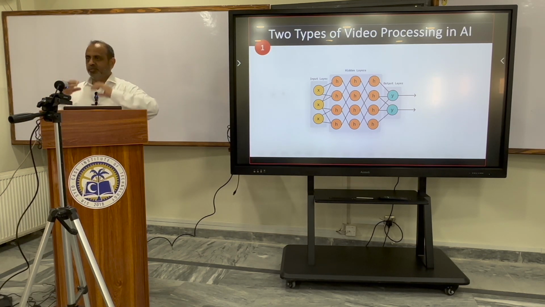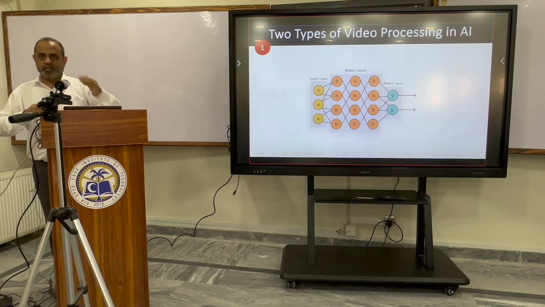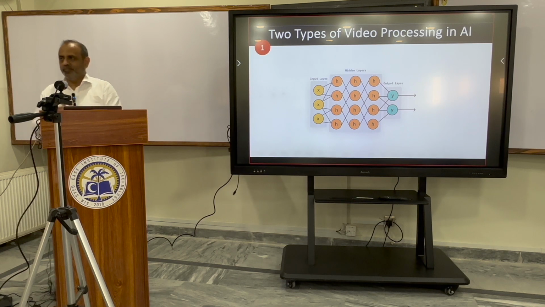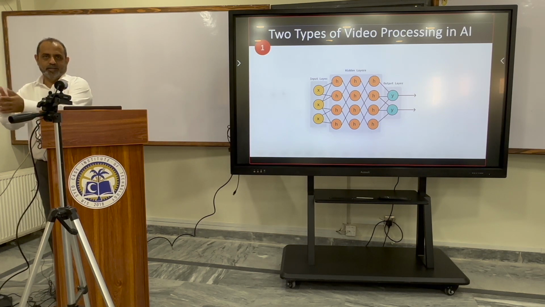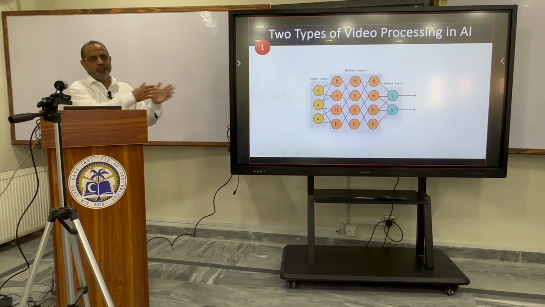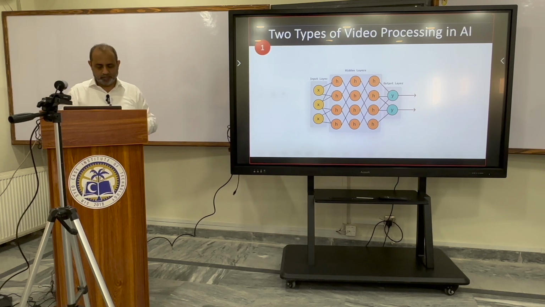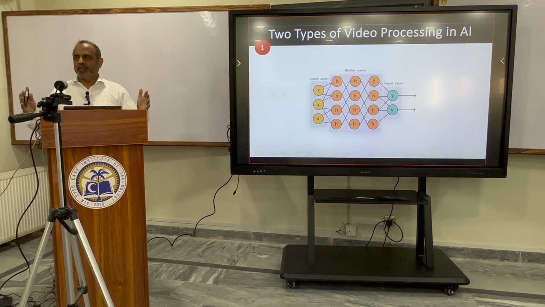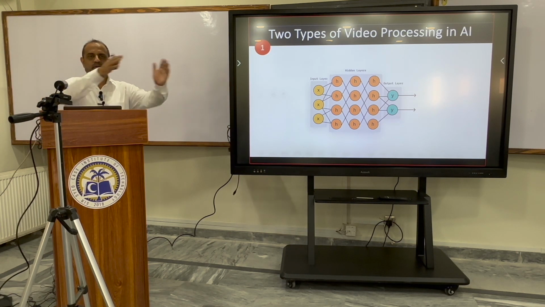The very first thing you have to do once you're doing video analytics is convert a video stream into frames, every frame into 3 RGB matrices, and those are fed to your model. Usually there are two types of video processing. One is where you say this is 5 seconds worth of video, and you give that video.